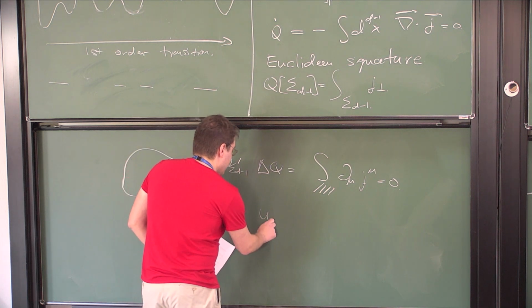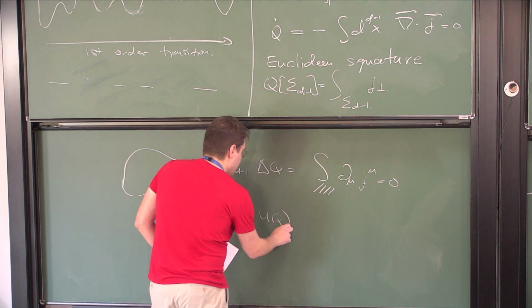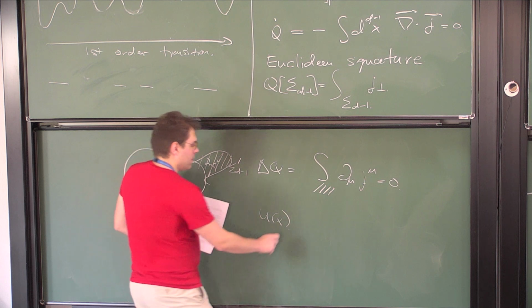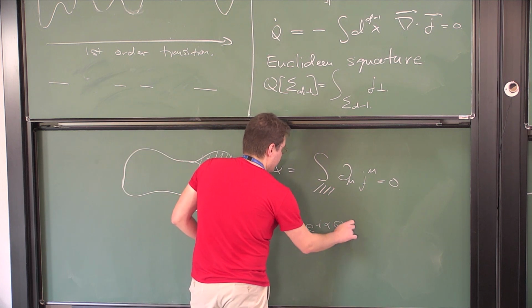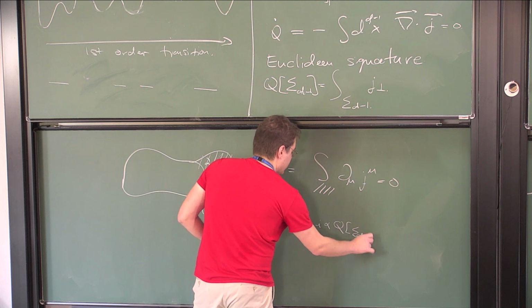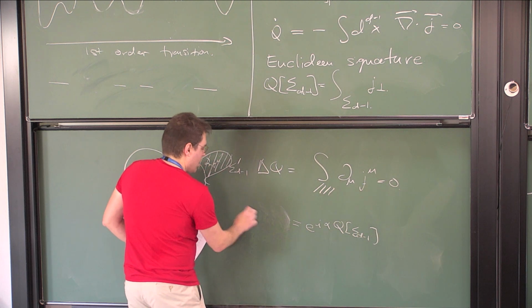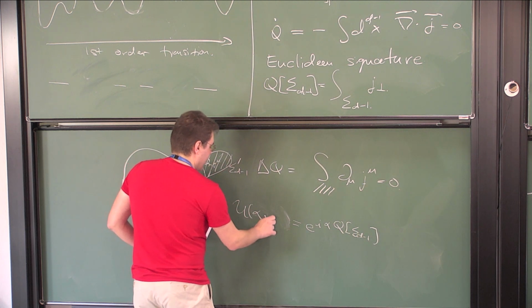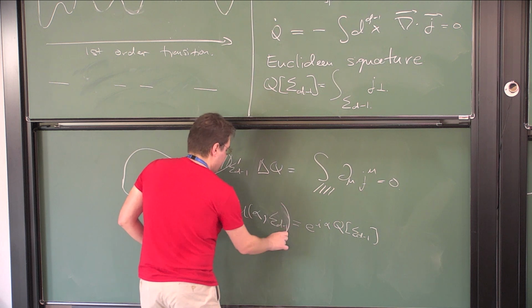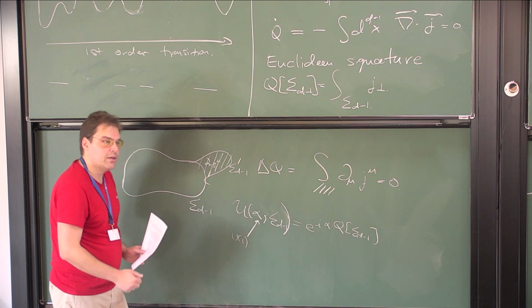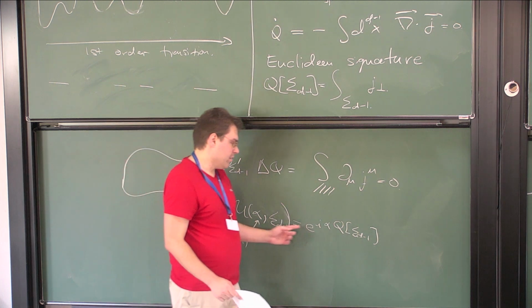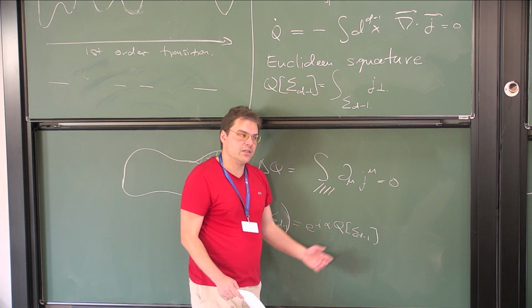And those are obtained by taking an angle, alpha, and then you can exponentiate the charge. And of course, this thing still depends on a surface. So these U operators depend on a choice of angle alpha and surface sigma. This angle alpha parameterizes a U1 group element, and this dependence on the surface sigma is topological.